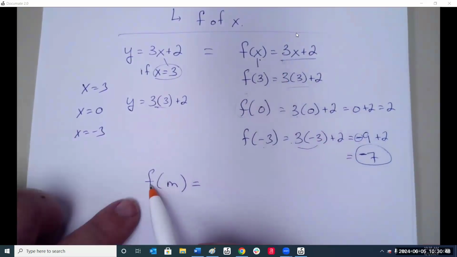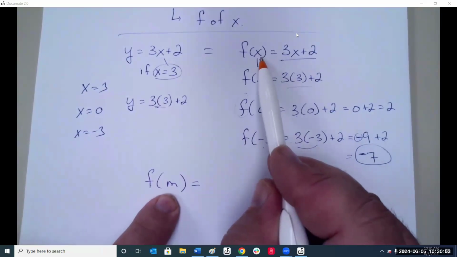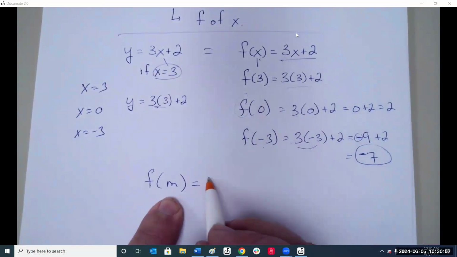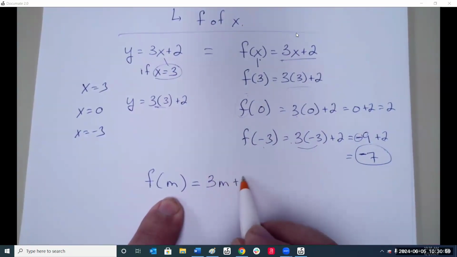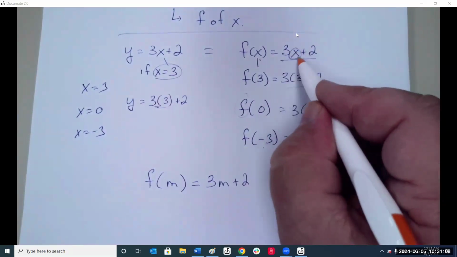So since I'm dealing with f, I go to this function. Anywhere I see an x, I put an m in its place. So it becomes... whatever's inside the parenthesis goes in place of that variable in the equation.